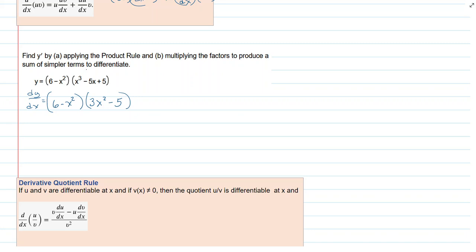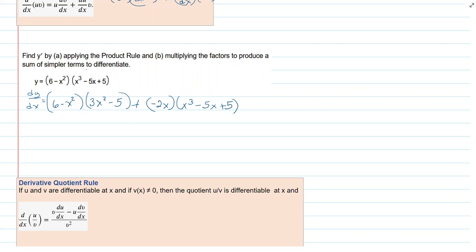I took the derivative, the u times dv. I'm going to put a plus. Now I'm taking the derivative of u, which is a negative 2x times the v. All right. There's a lot of math on these, and you try to look for commonality if possible, but this one doesn't. Well, I'm going to have to do some math. It's okay.